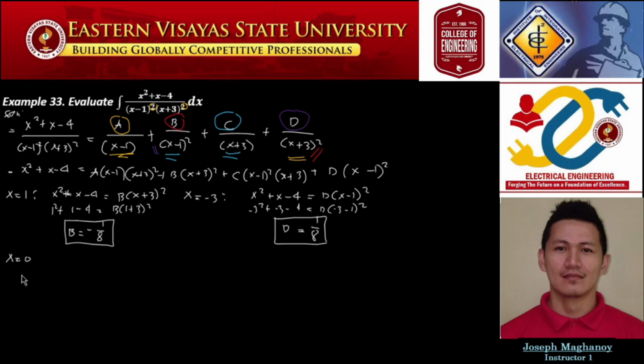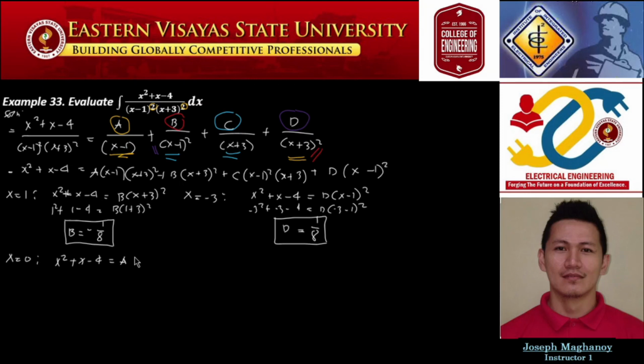If it is x is 0, so for b, maybe we start with 0. x squared plus x minus 4. So the remaining, we copy all of them.